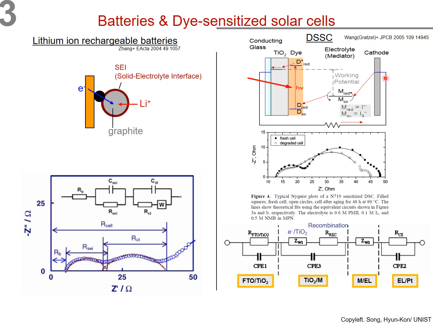The third semicircle is relevant to the charge transfer or electron transfer between platinum and mediator, so we have the charge transfer resistance and also capacitance or Cp. So by using three RC parallel circuits, we could describe the electrochemical impedance spectra of dye-sensitized solar cells.